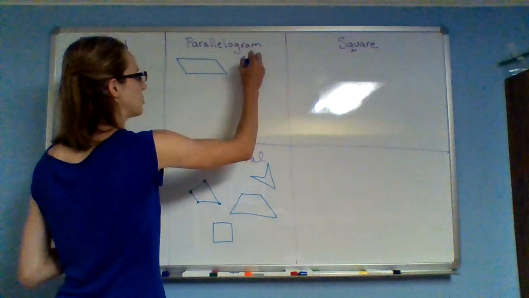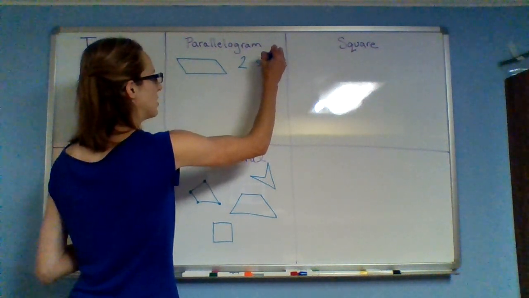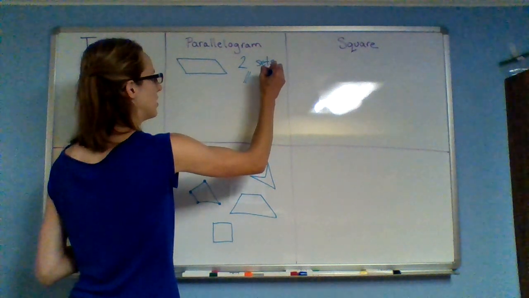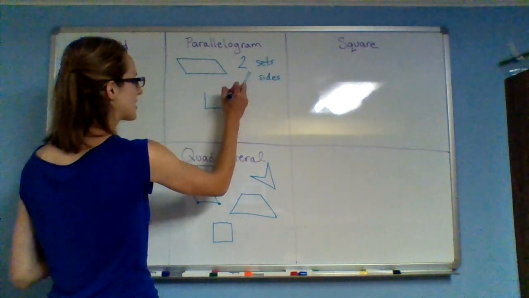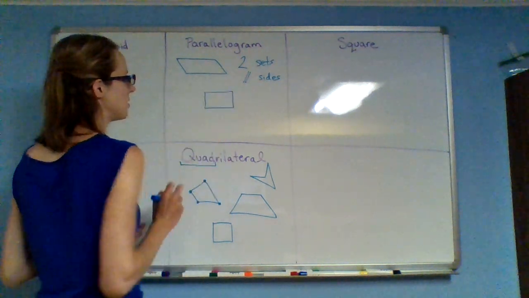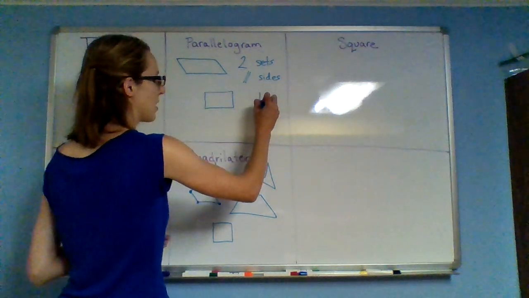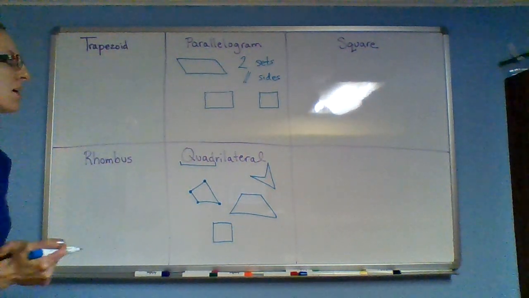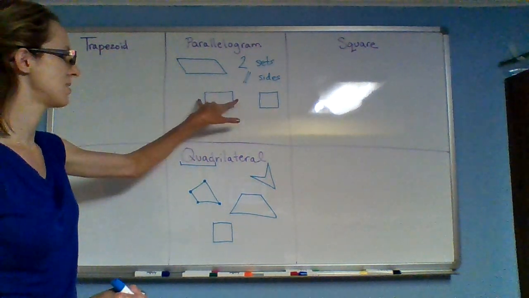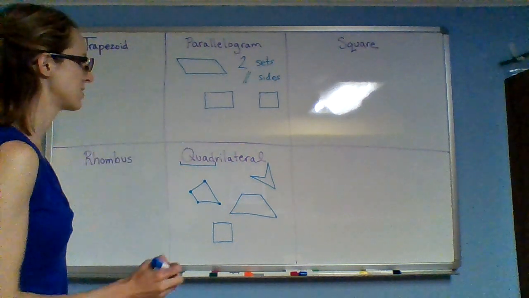Parallelogram, two sets of parallel sides. This does mean that a rectangle is an example of a parallelogram, and a square is an example of a parallelogram because it has two sets of parallel sides.